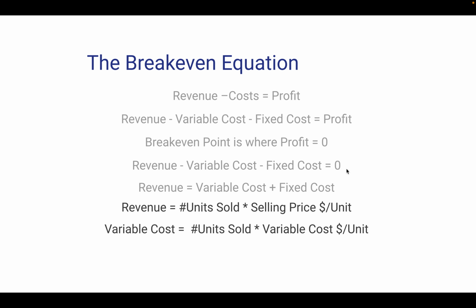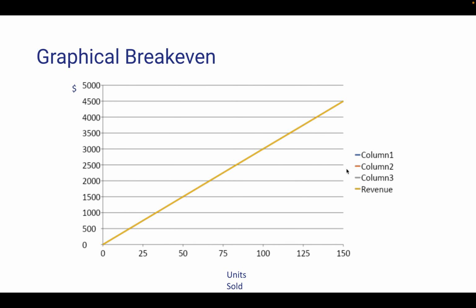We can go a little more into detail: revenue equals all units sold multiplied by selling price per unit, and variable costs equal all units sold multiplied by variable costs per unit. So things can be resolved in more detail, whatever is needed.